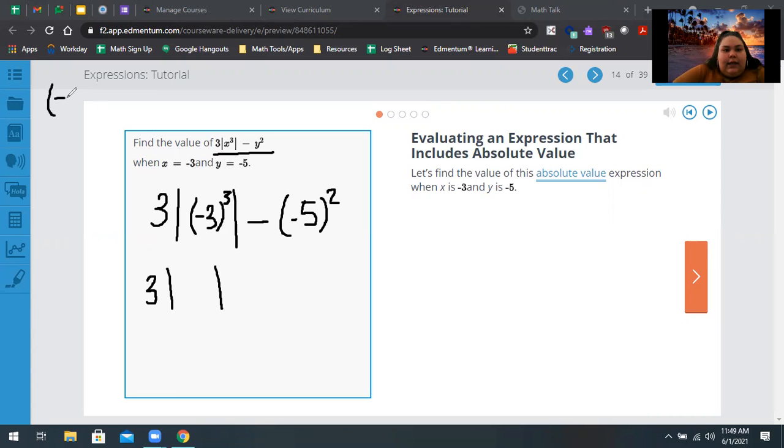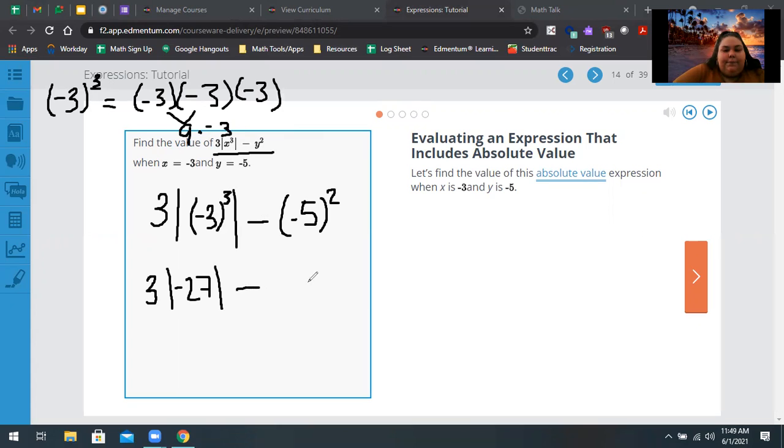Keep in mind, -3 to the third power is equivalent to -3 times -3 times -3. So I write it out 3 times because of that exponent there. So two -3's is a +9 times one more -3. That is -27.